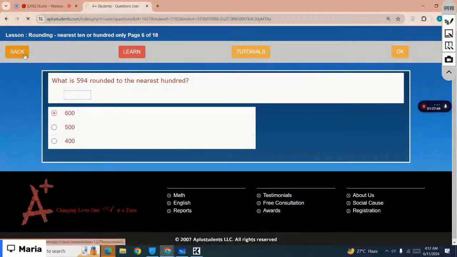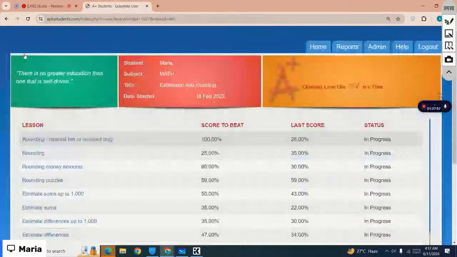Okay, you can complete the lesson by yourself later today. Let's just move on to the next lesson, and the next lesson is rounding.